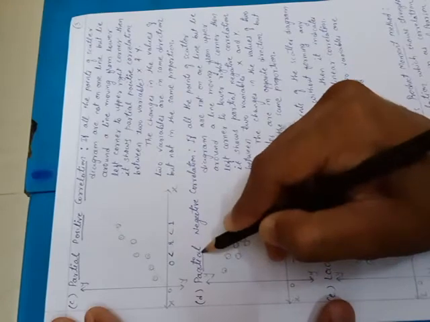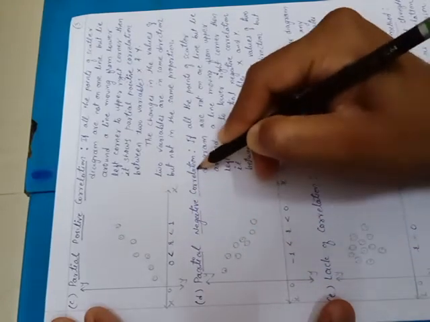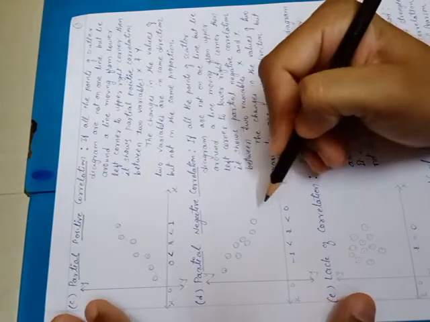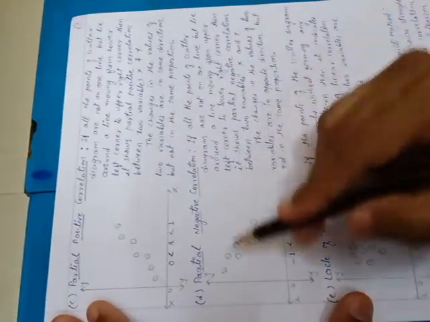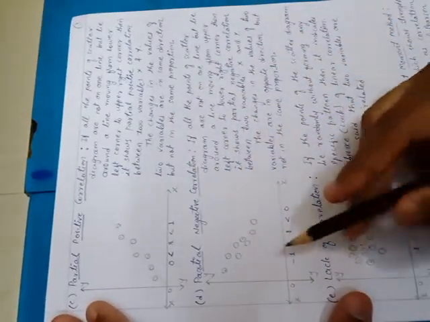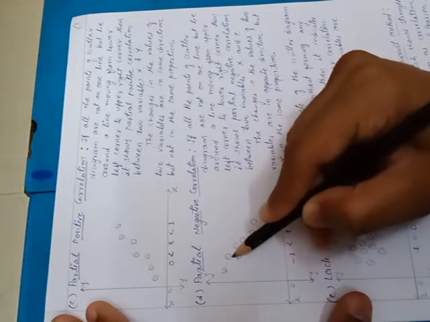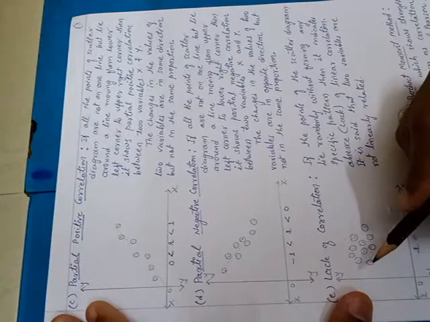In the same way, the fourth correlation is partial negative correlation. As you can see in the diagram, the points plotted on the graph paper are not on one straight line but they are nearer to one straight line.